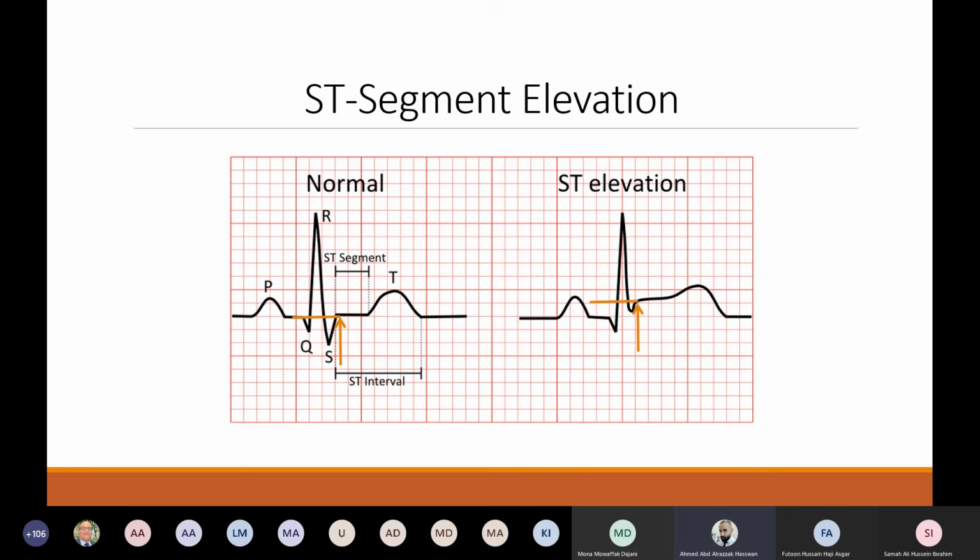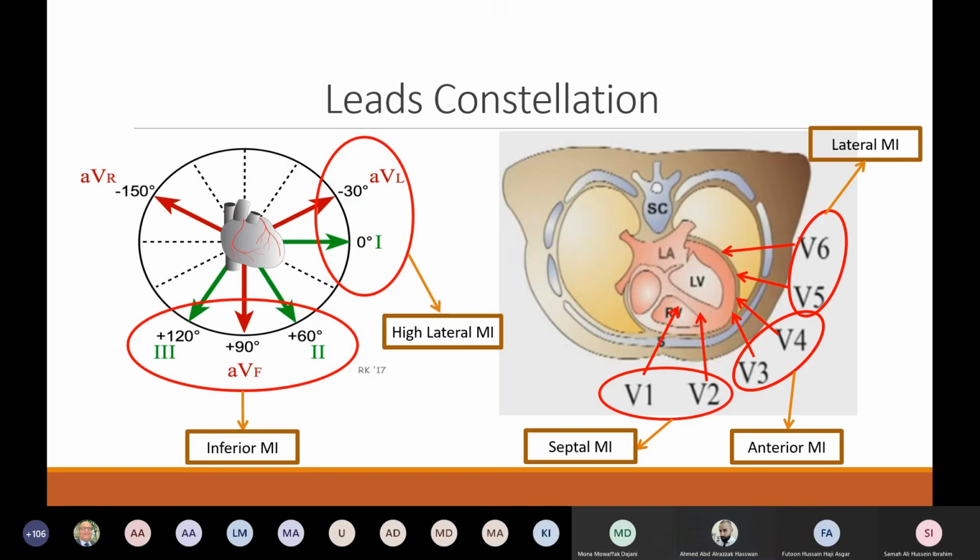Now, let's take a look at this. These are the leads, I call it a constellation, because we have a rule in ECG that says one thing of anything is nothing. So if you find ST segment elevation in just one lead, it means it has no clinical significance.